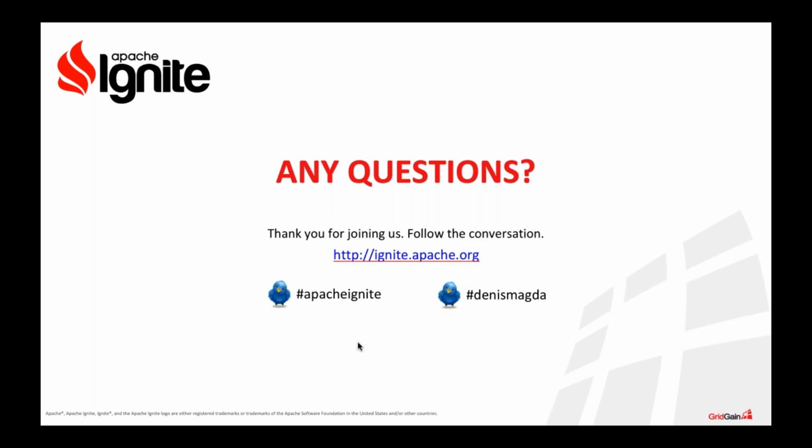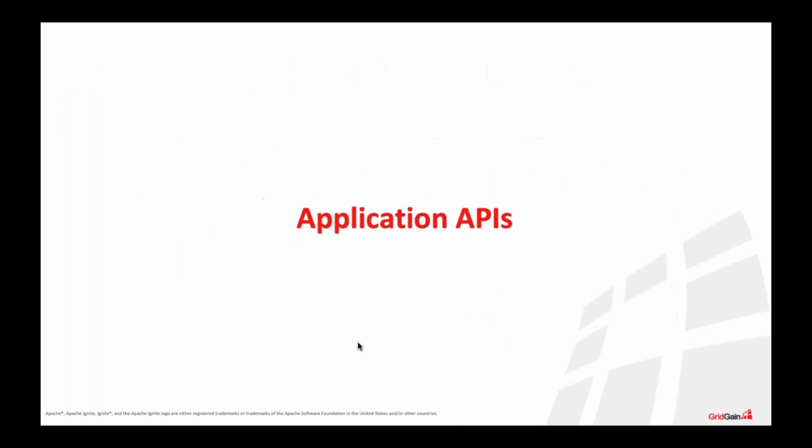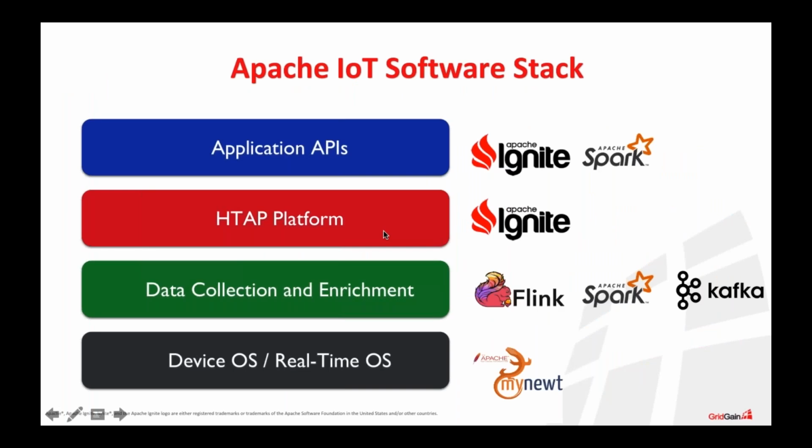Can you please highlight some use cases where we can use all of these three? I guess it's Apache Flink, Ignite, and Spark Streaming, and what's the basic difference? I think that I already addressed this, but if we are talking about the data collection layer, you can't use Spark, Flink, Kafka, or whatever else as a HTAP platform.